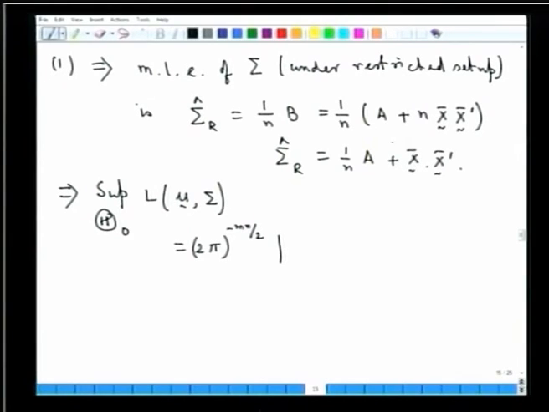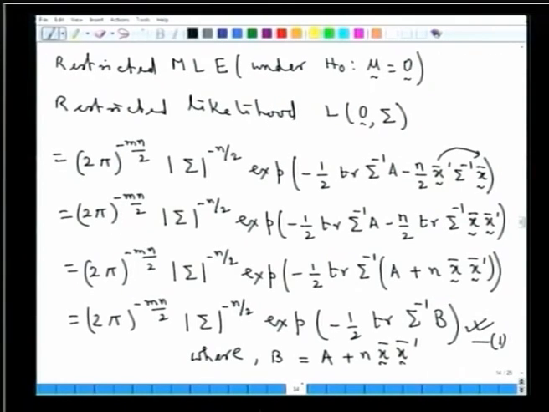Determinant of sigma would be determinant of this quantity now, n inverse A plus x bar x bar transpose whole raised to the power minus n by 2, and then we will have e to the power minus half. Let us see what that was equal to. So this was the restricted likelihood.